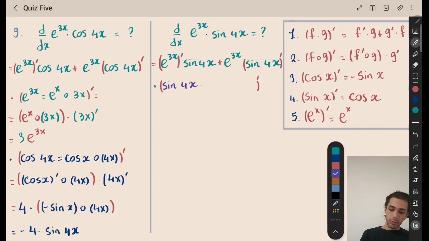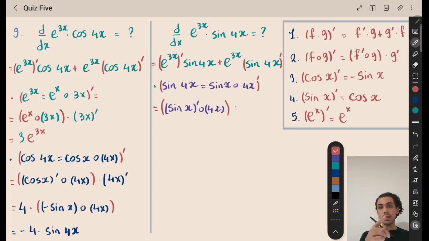I'm just repeating the same thing. Sine of x composed with 4x. And then the derivative is going to be the derivative of sine x composed with the inside function. And then you multiply by the derivative of the inside function.